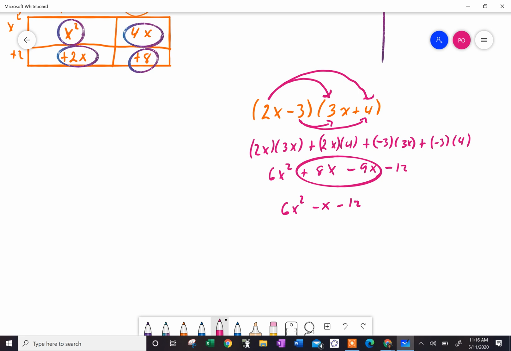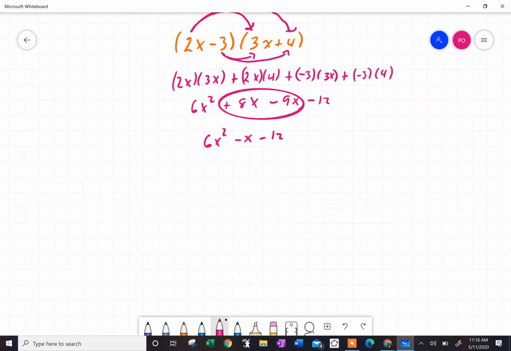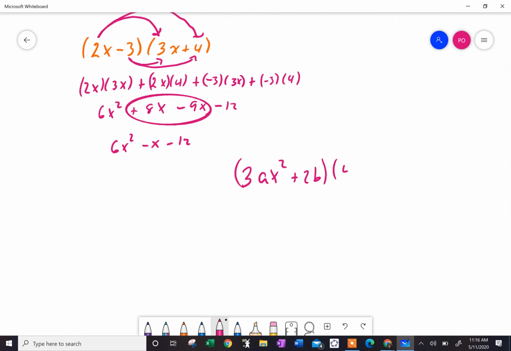I'm going to do one more example. And check this out. If I had something like 3ax squared plus 2b times 4a minus 3bx. What would this look like?